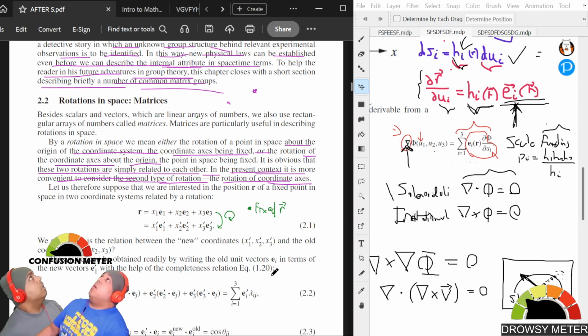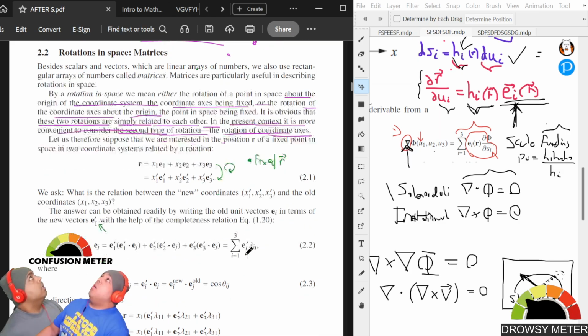We ask what is the relation between the new coordinates and the old coordinates x1, x2, x3. The answer can be obtained readily by writing the old unit vectors e_i in terms of the new vectors e'_1, with the help of the completeness relation.